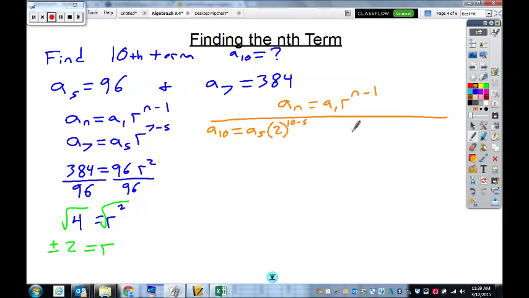And then over to the side, I need to say, okay, a sub 10 equals a sub 5 times negative 2 to the 10 minus 5. All right? We don't know what a sub 10 is. We know a sub 5 is 96. And 10 minus 5 is 5.